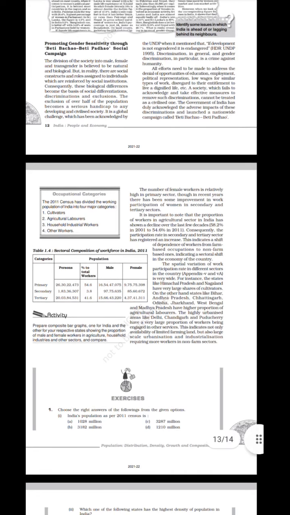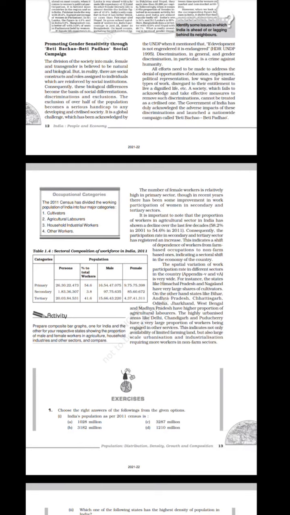This indicates a shift of dependence of workers from farm-based occupations to non-farm-based ones, indicating a sectoral shift in the economy of the country. The spatial variation of work participation rate in different sectors in the country, Appendix 5 and 5A, is very wide. For instance, states like Himachal Pradesh and Nagaland have very large shares of cultivators.